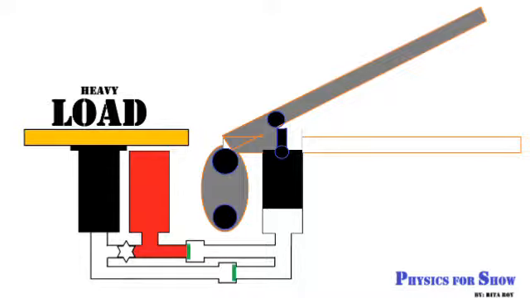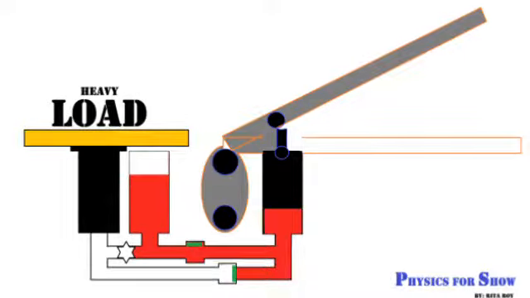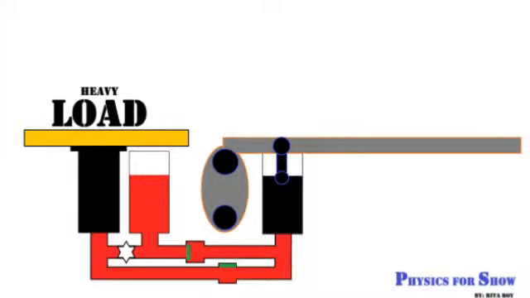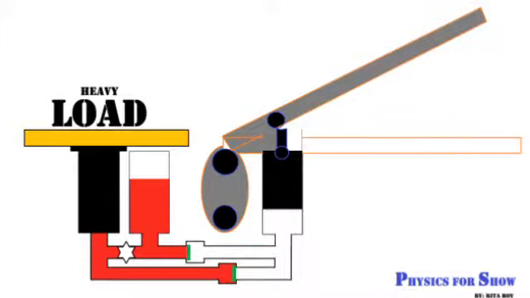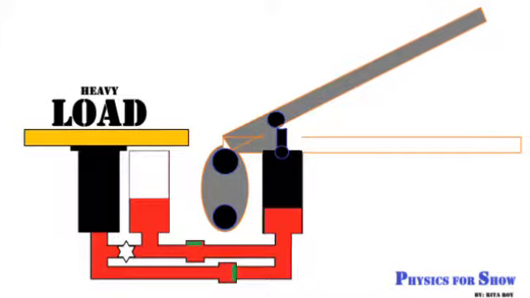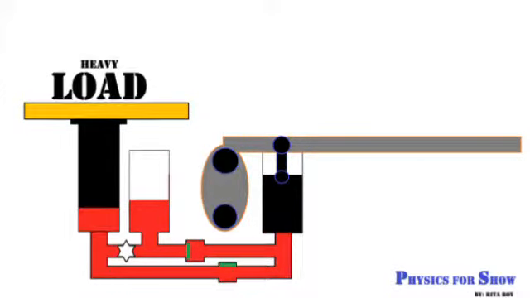Inside, the fluid is suctioned out of the chamber using the vacuum phenomenon and pulled into the next available space, which happens to be under the first piston. As the lever continues each up and down motion, the oil flows to raise the second piston and lift the heavy load up.